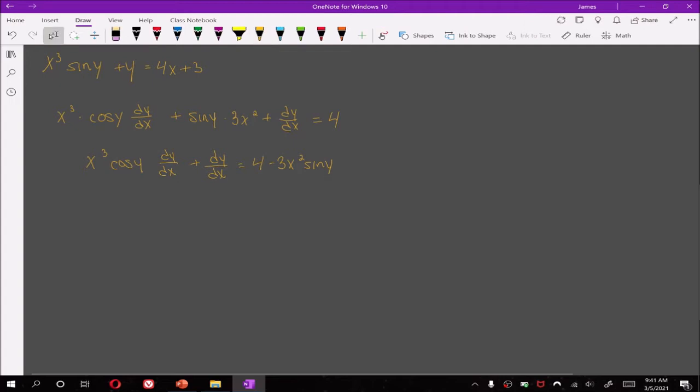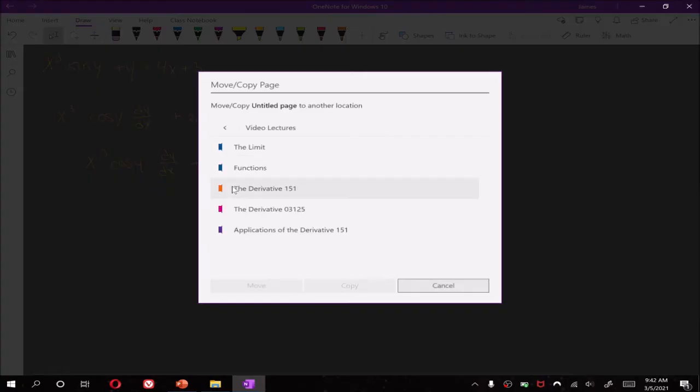Now what we can do is we can factor out a dy dx from these terms on the left-hand side. So let's go ahead and do that.